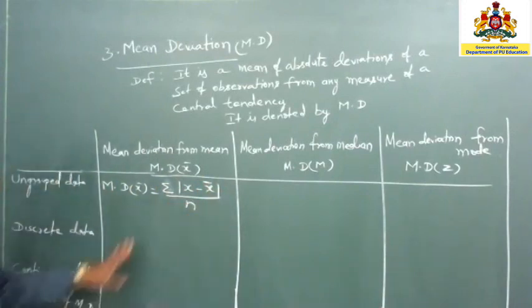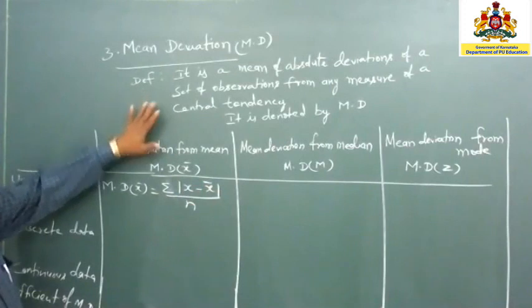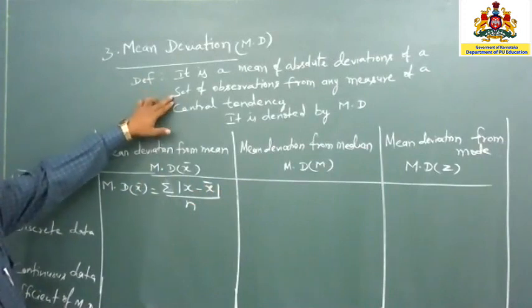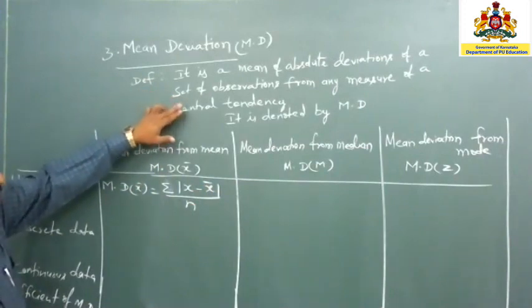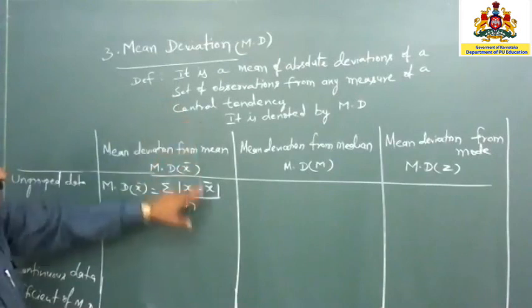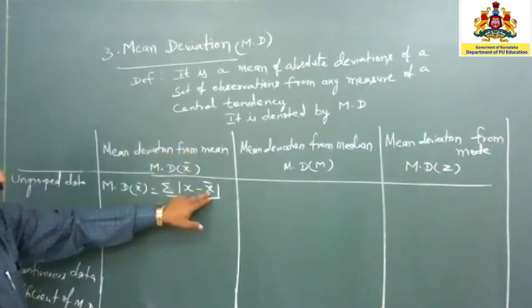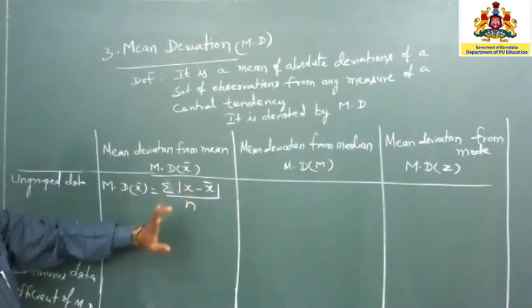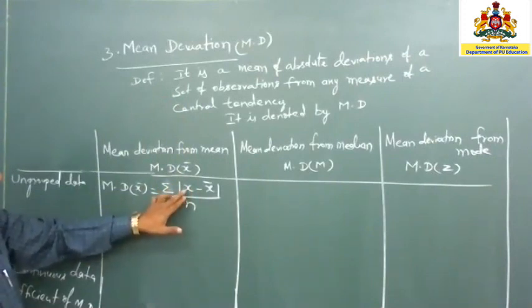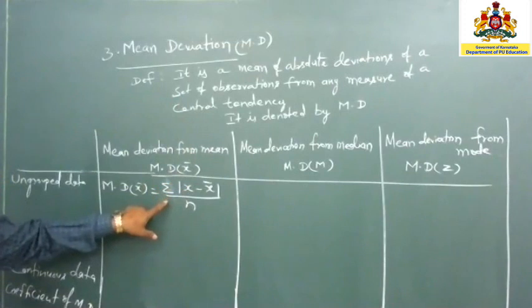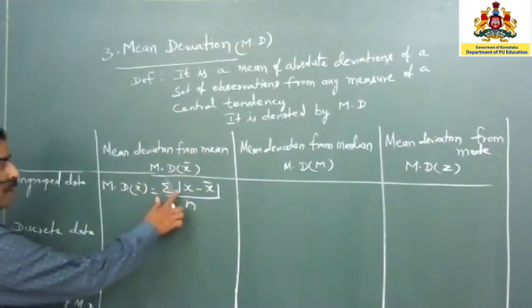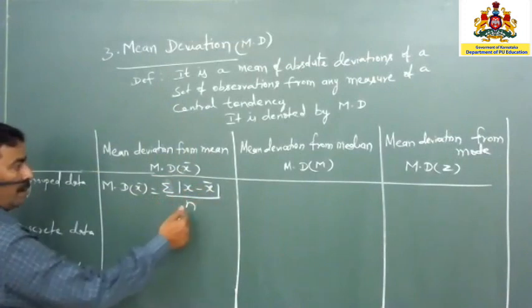From the definition you can write this formula: it is a mean of absolute deviations of a set of observations from any measure of central tendency, here deviations taken from mean, and ignoring sign, it is called absolute deviation. Then mean by n. So summation modulus of x minus x bar by n.